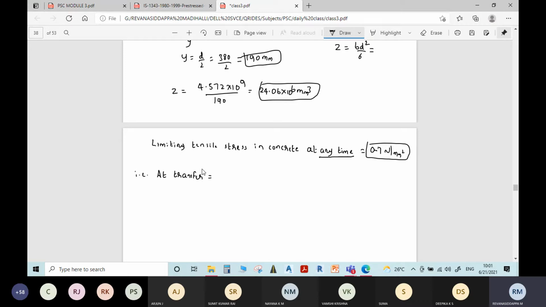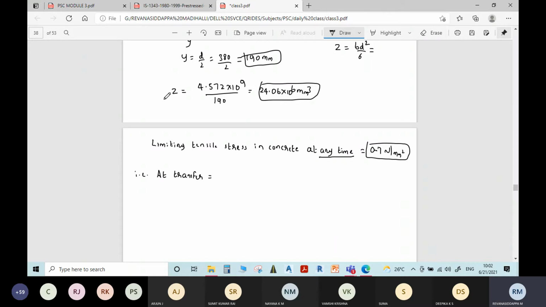Just the pre-stress is induced into the concrete, but it is still not subjected to the live loads. When you transfer the pre-stressing force into the member, that is called the transfer condition, but it is still not subjected to the external loads.